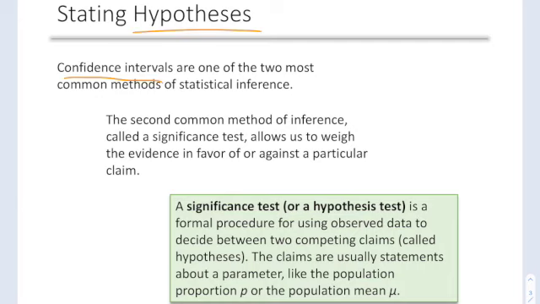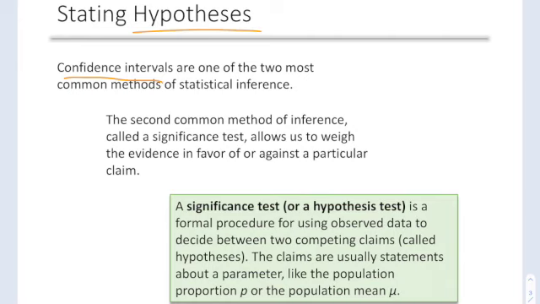So we're going to see some similarities between the two, but then we'll see a particular problem done in each of the following sections for proportions and means, where you can see the two processes, confidence intervals and hypothesis testing, side by side to see their similarities and how the conclusions that you receive from both of them are the same. However, you'll see some subtle differences between the two.